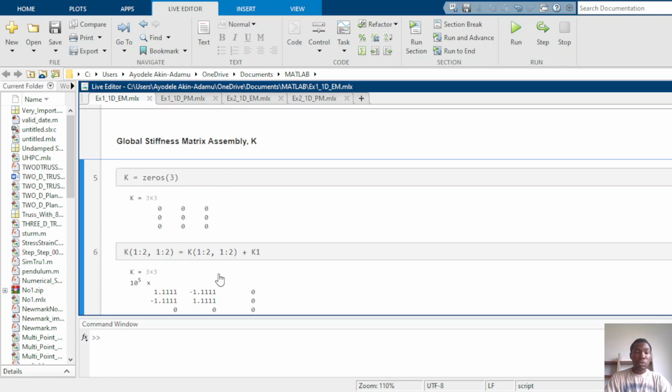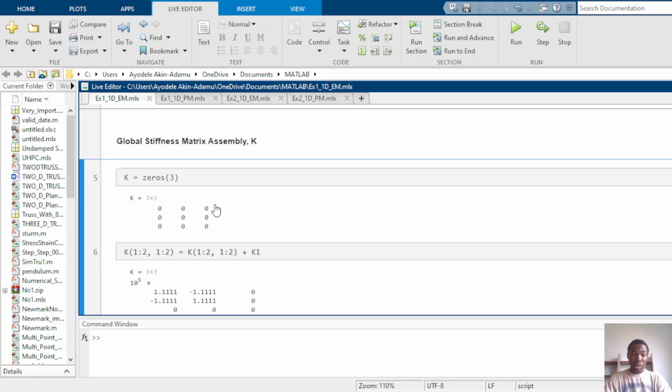The first thing you need to think of when you're assembling the global stiffness matrix is what is the size of the global stiffness matrix of your question. Since in the finite element model we're using 3 nodes, node 1, node 2, node 3, the size of our global stiffness matrix is going to be a 3 by 3 square matrix.